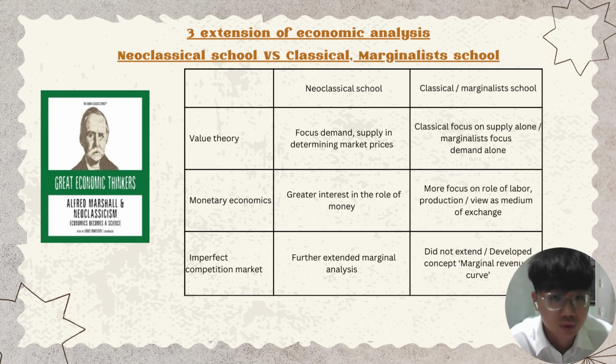In neoclassical school, the economists pay greater interest to the role of money. They developed the role of money and paid attention to it, while classical and marginalist school focused more on the role of labor or production, and marginalist school just viewed money as a medium of exchange. Let's come to the last one, imperfect competition market.